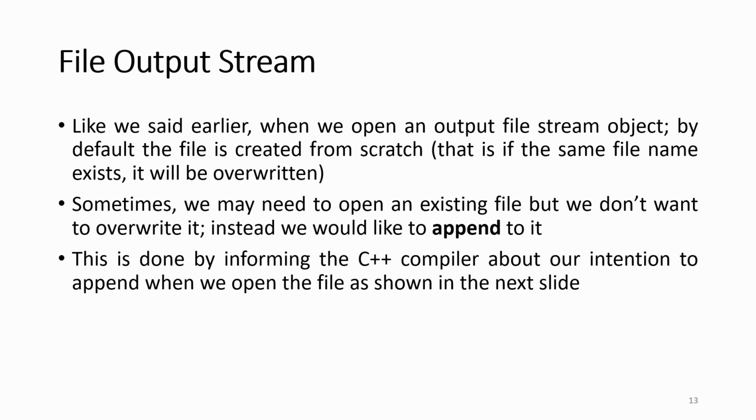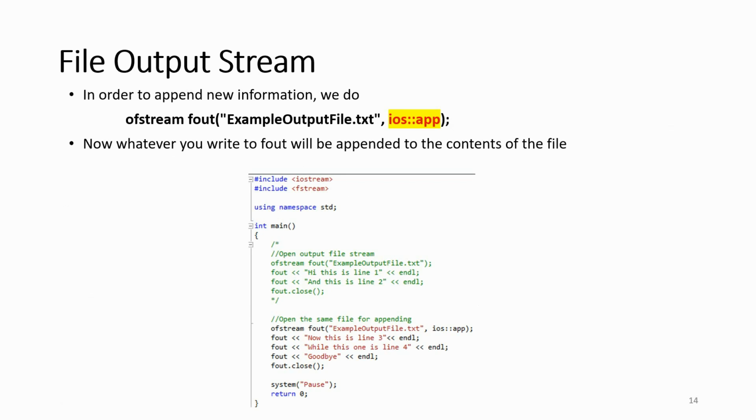We want to add something at the end of it, or in other words, we want to append to it. If you want to do that, the C++ fstream class provides a solution for that.